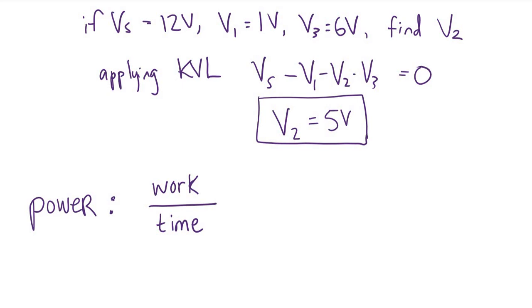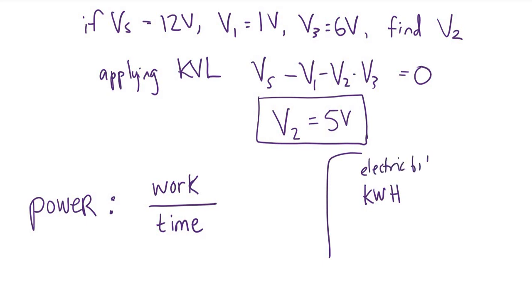So it's the rate at which electrical energy is being consumed. And so on your electric bill, you might see something called kilowatt hours, kWh. This is kind of an aside.